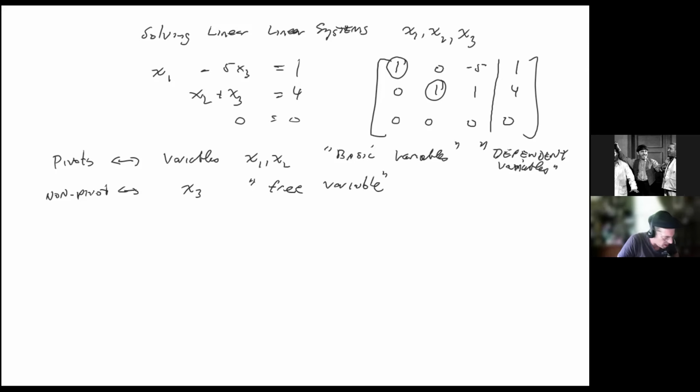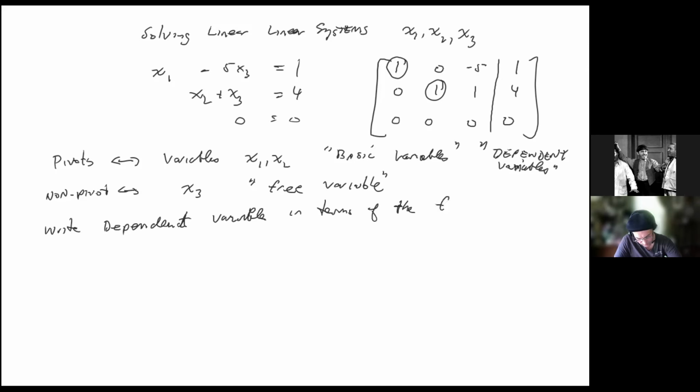And to see why we're calling it that, we write the dependent variables in terms of the free ones. There's only one free one in this case.